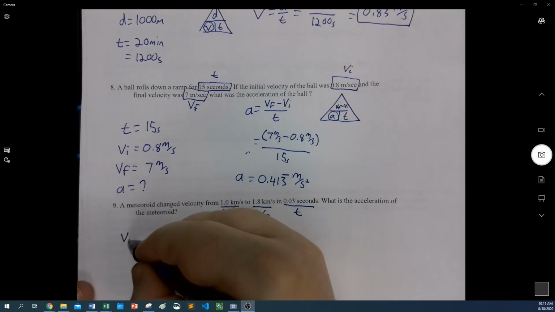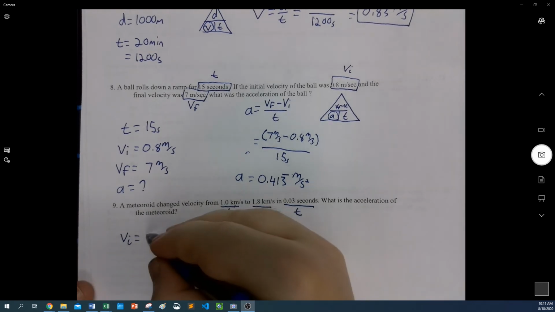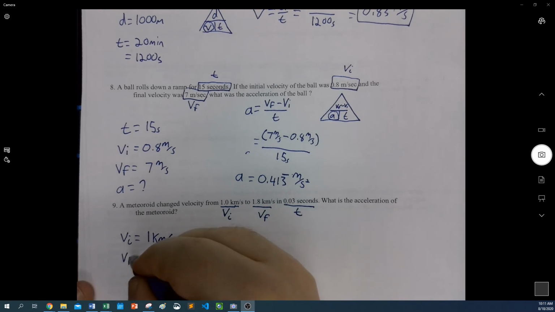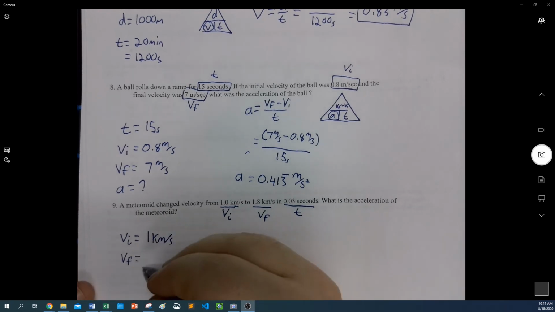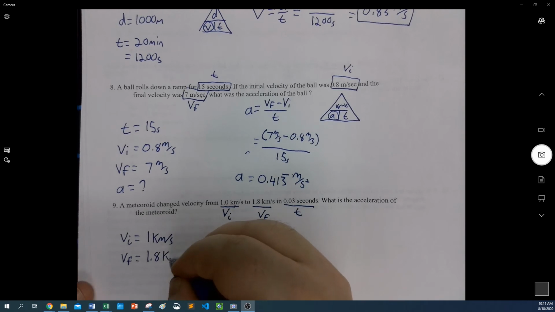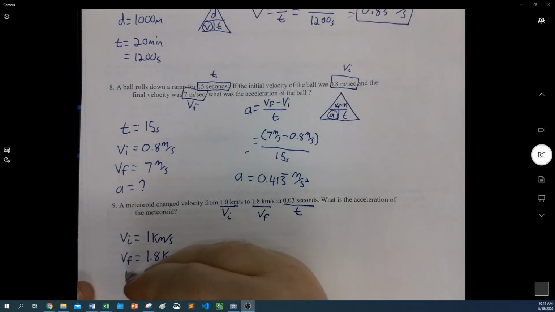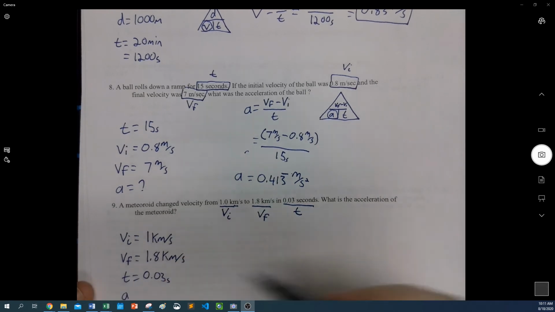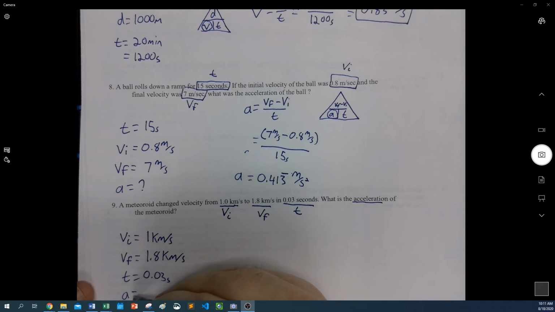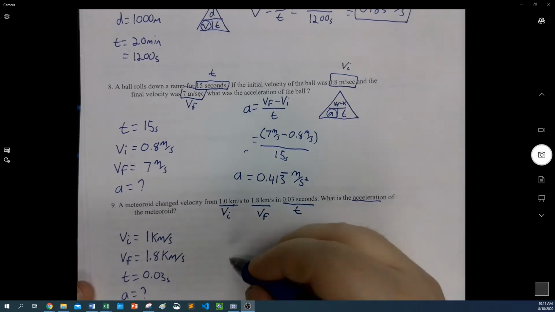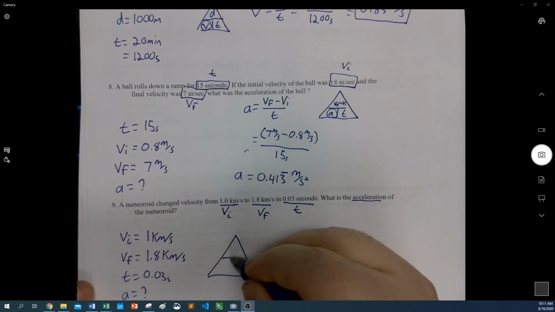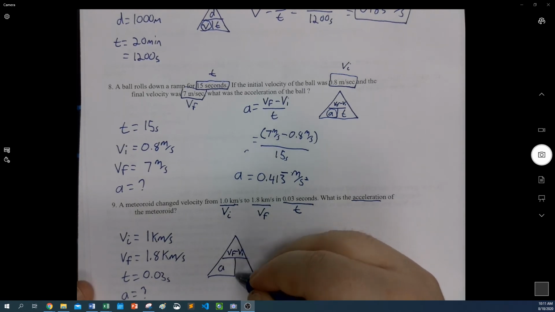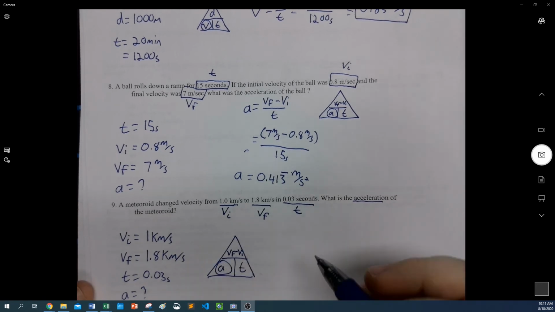So we have VI is equal to 1 kilometer per second, VF is going to be 1.8 kilometers per second, and our time is 0.03 seconds. And we are looking for its acceleration.